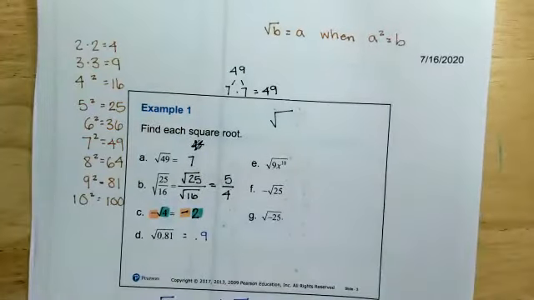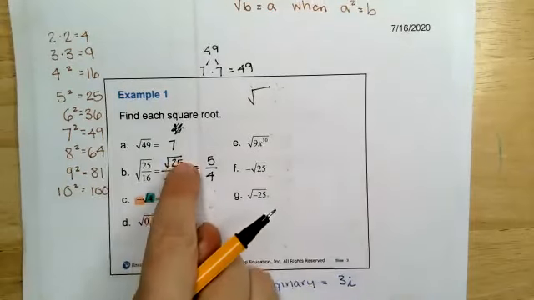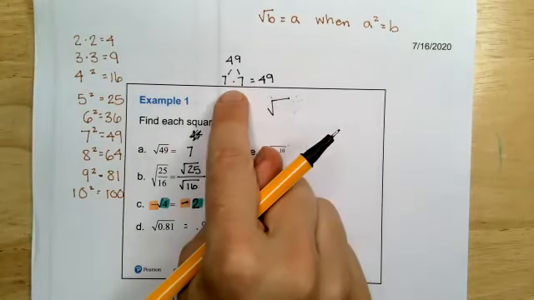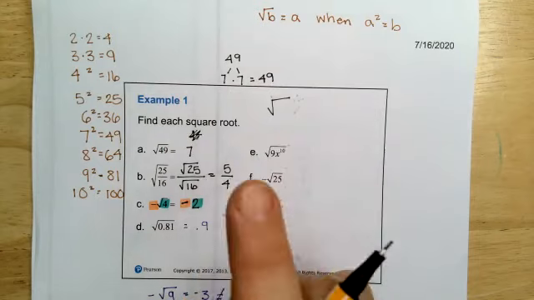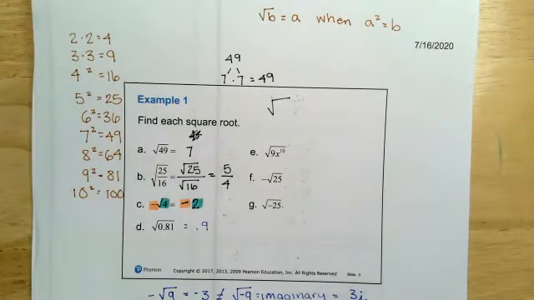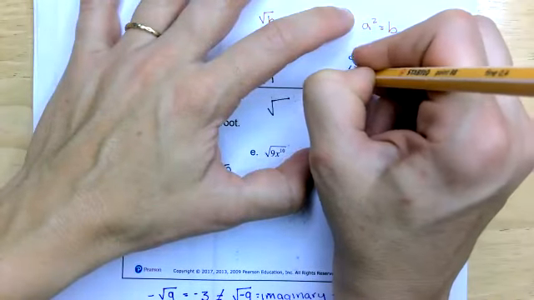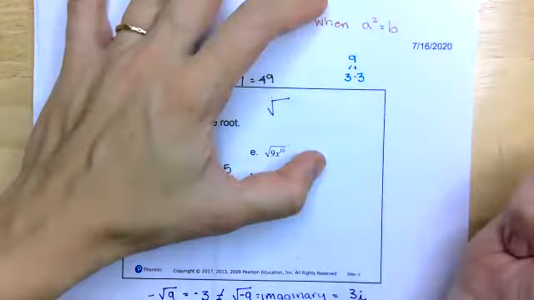Okay. You can always break down radicals using a factor tree, just like we did here. Here we said 49 is 7 times 7. Here we can say 9 becomes 3 times 3, right?